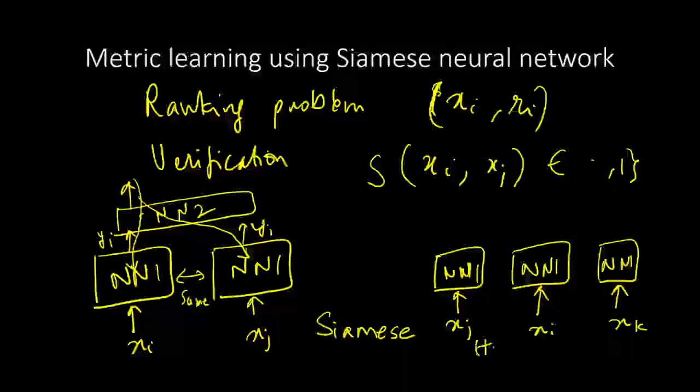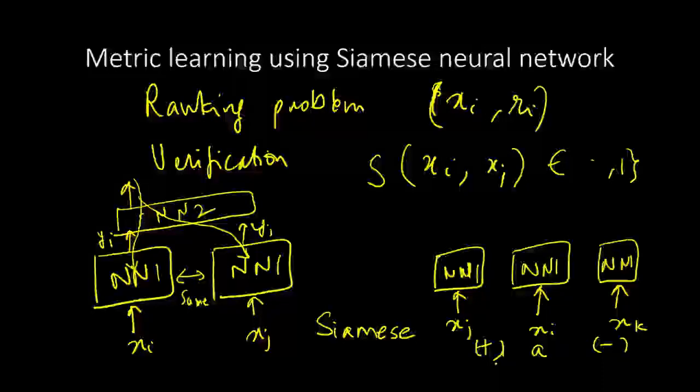So this is the positive sample, this is the negative sample, and this is the anchor, A for anchor. What will come out of this is yi, yj and yk, and then our loss will be a hinge loss over the Euclidean distance of yi minus yj and yi minus yk.